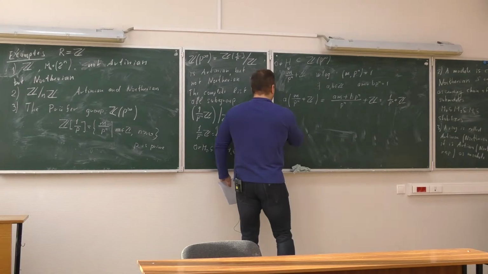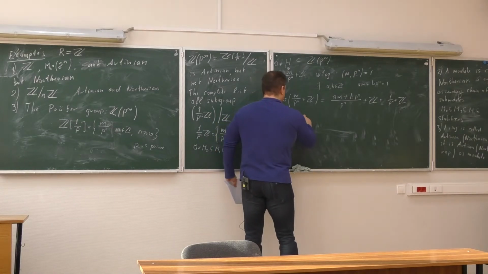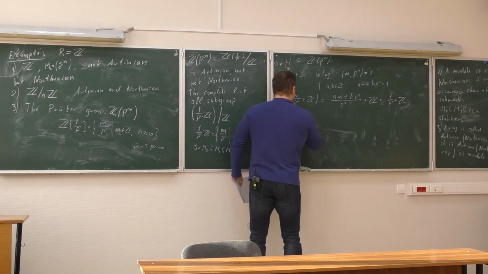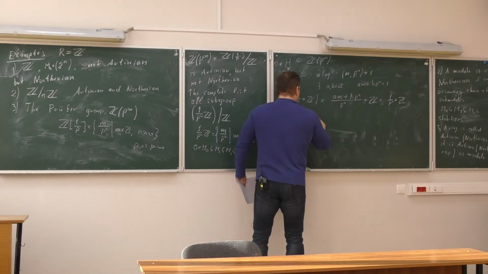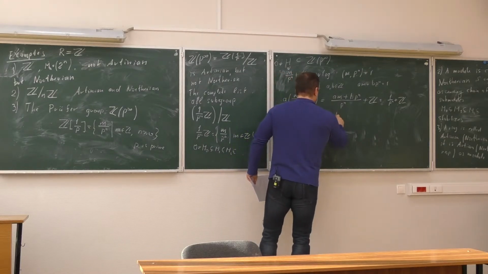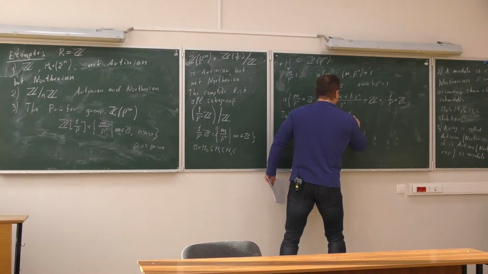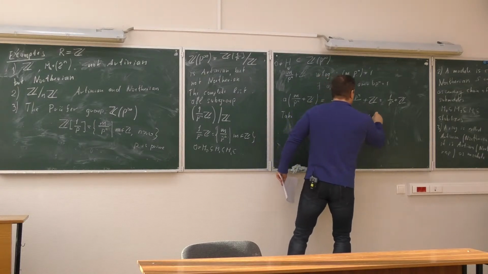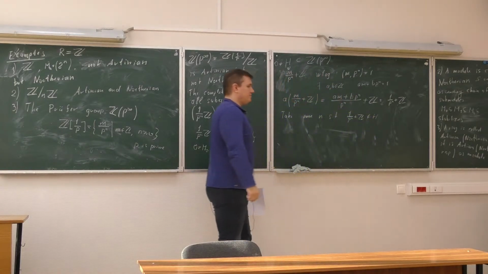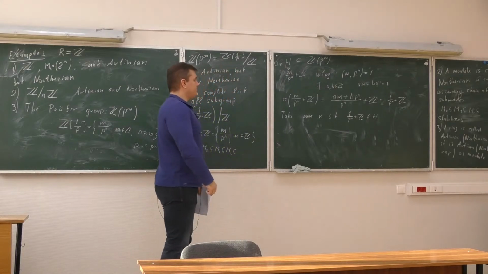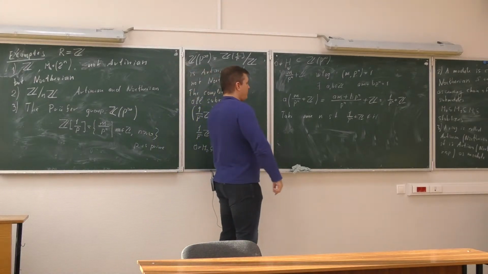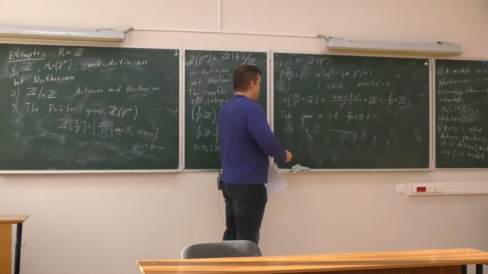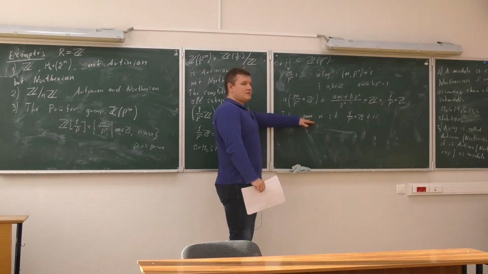Now take the maximal n such that 1 over p to the n plus Z is in this H. Of course, we have two cases: we have this maximal n or we don't have this maximal n.